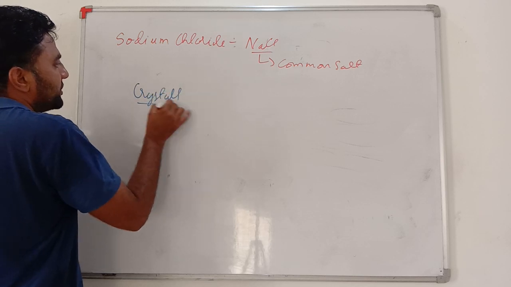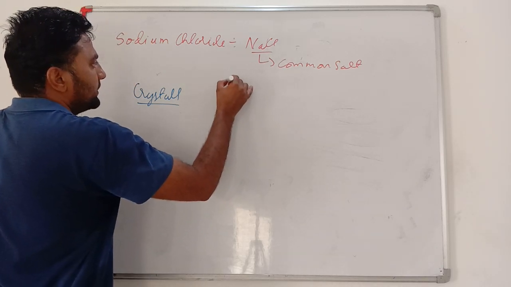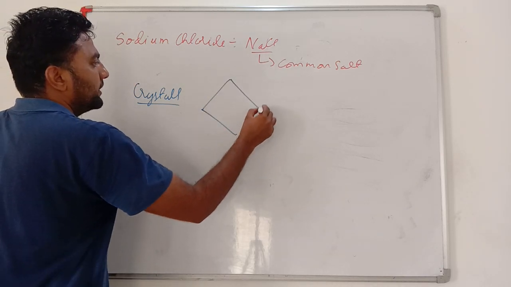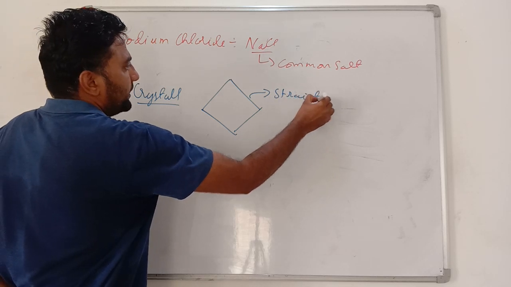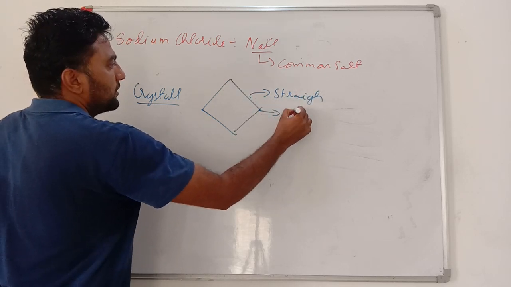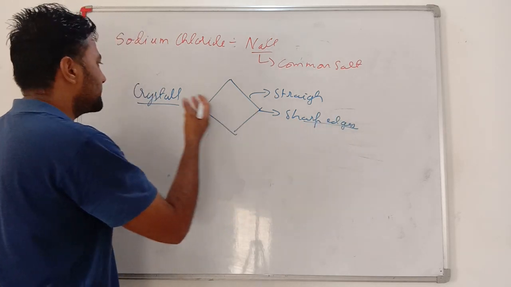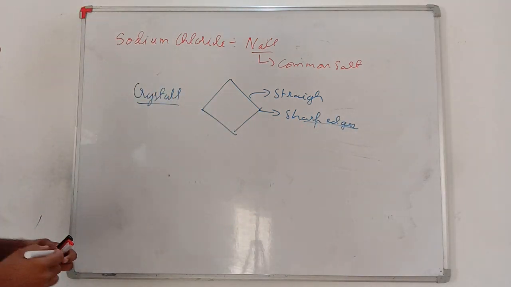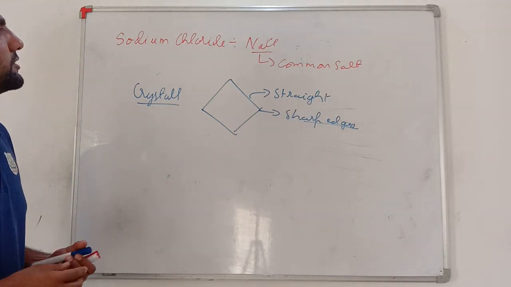We all know this is a salt having crystal shape. What this crystal means is that these all have straight boundaries and sharp edges. This is crystal shape. Okay, see my dear student, NaCl is a white colored salt.